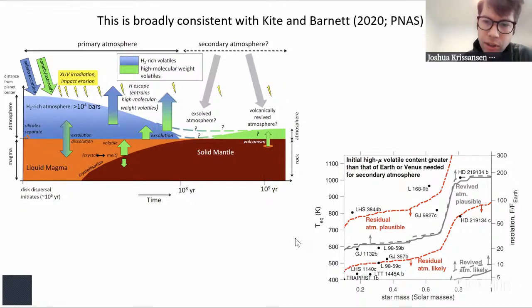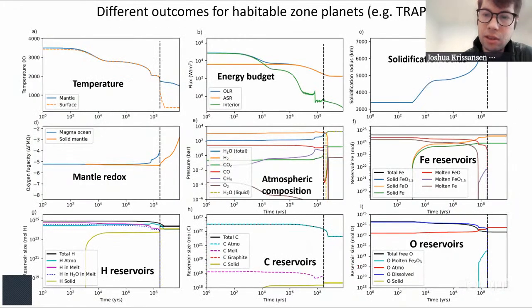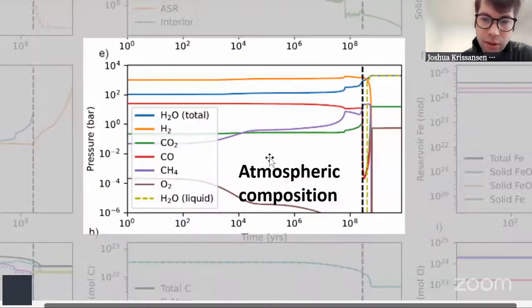But what we wanted to think about next was, how does this play out for more temperate planets, something like TRAPPIST-1e? This is the exact same calculation, except now we're doing it for something that ends up in the habitable zone. And because the received bolometric and XUV fluxes are much lower, while you are losing some hydrogen, at the end of the magma ocean phase, you do leave behind a fairly substantial water inventory.